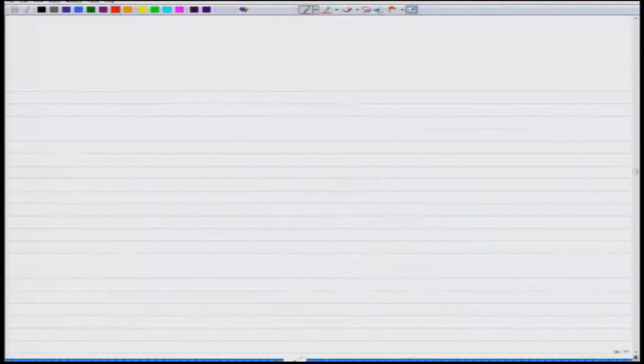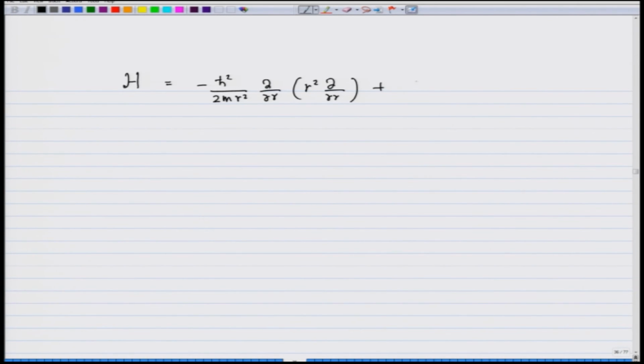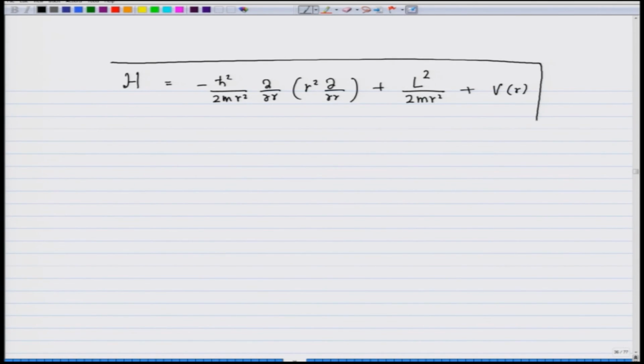And therefore, the Hamiltonian now for spherically symmetric problems can be written as minus ħ square over 2m r square partial with respect to r, r square partial with respect to r, plus L operator square divided by 2mr square plus V(r). This is the Hamiltonian for a spherically symmetric system.